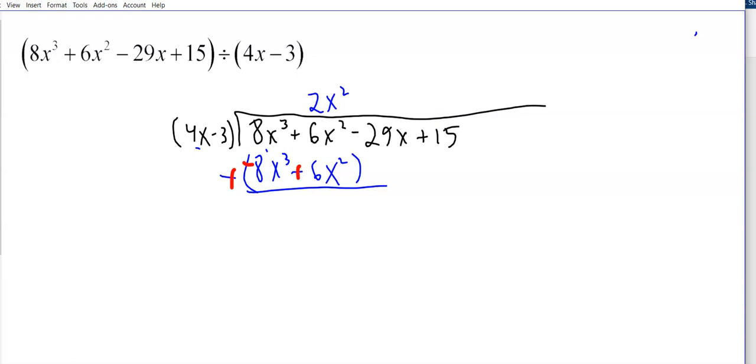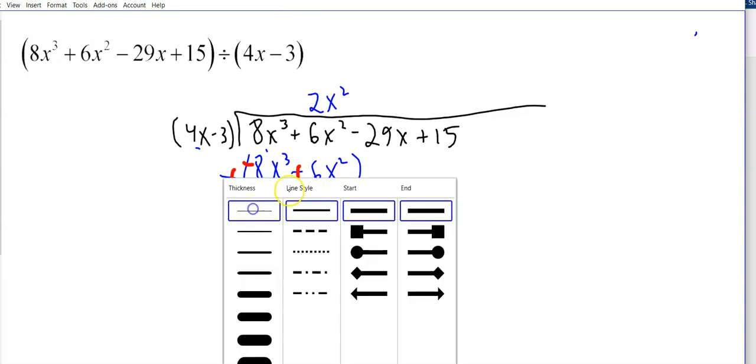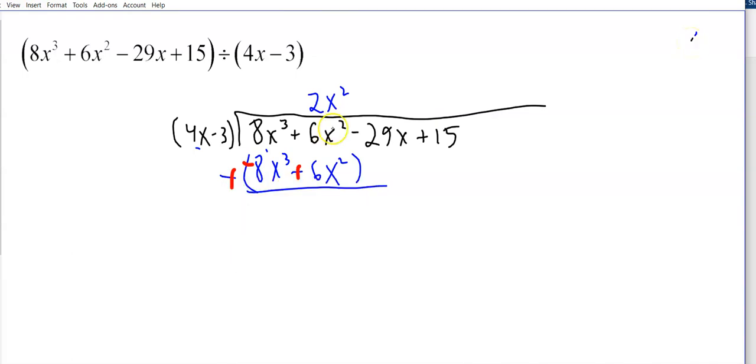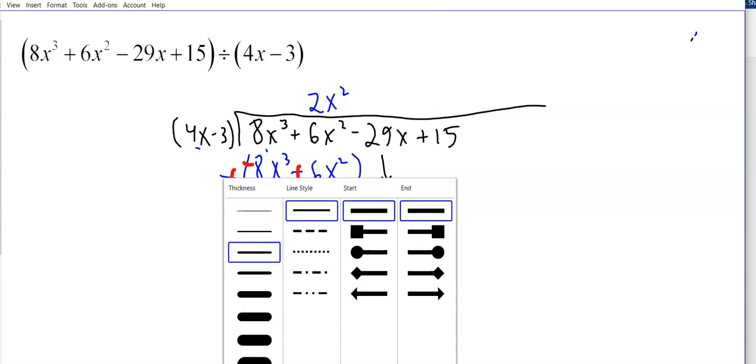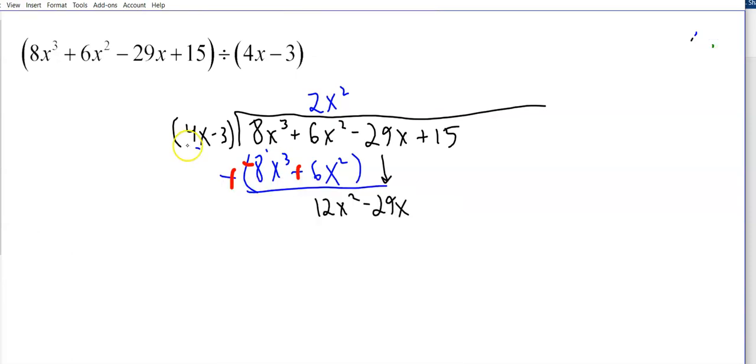Okay, so when we do that, we get 6x squared plus 6x squared is 12x squared. I thought it might go away, but it didn't. Bring down the next term, minus 29x. So 4x goes into 12x squared how many times?